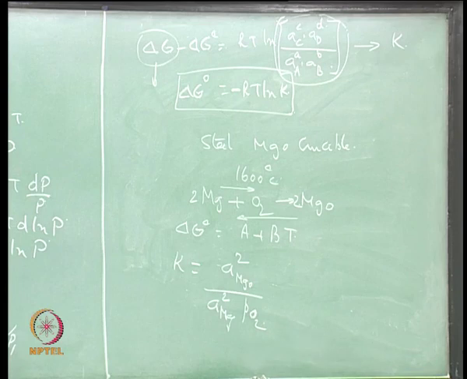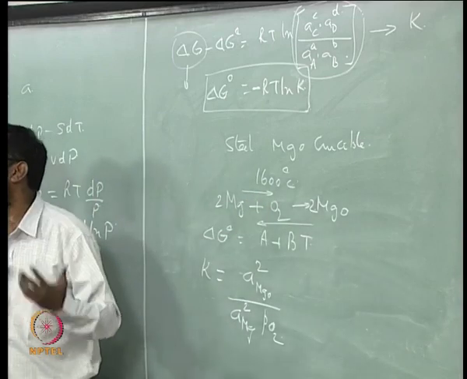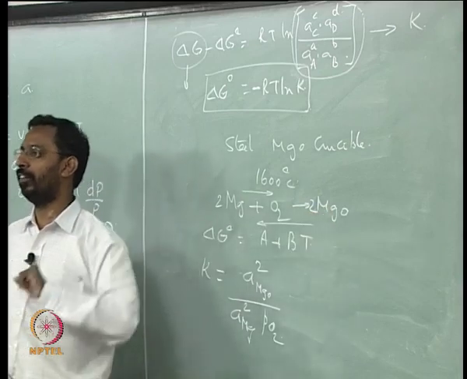Once I know that, and I know the actual pressure inside the furnace, if the actual pressure of oxygen is higher than the equilibrium partial pressure of oxygen, then what would happen? The reaction should happen in the forward direction. Whenever oxygen content is more, the Mg should get oxidized and it should go in this direction.